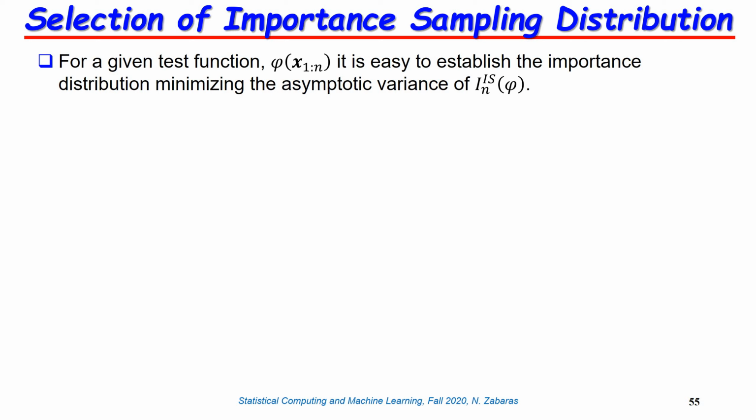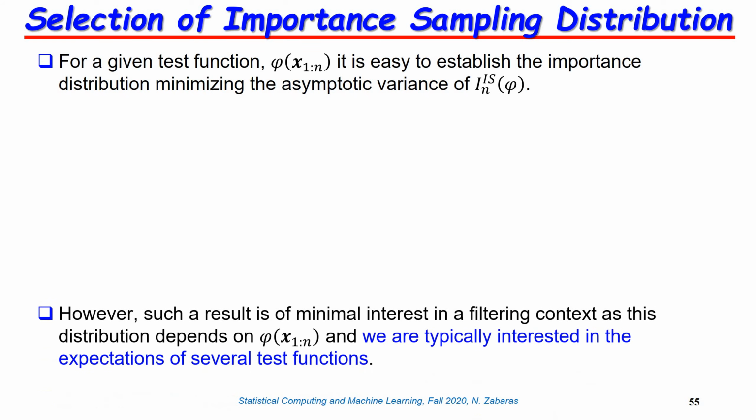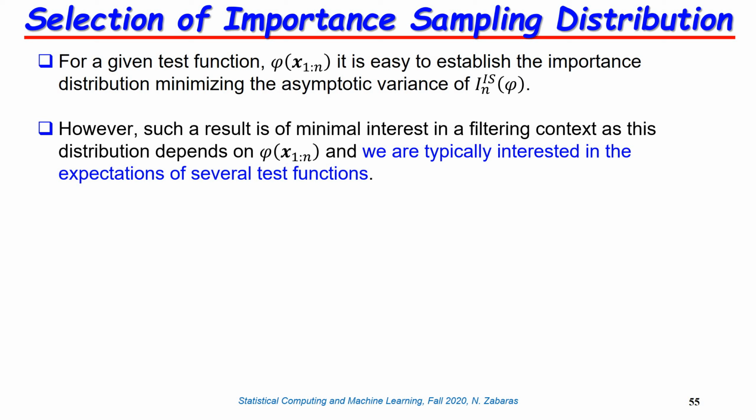The only thing I'm going to remind you here is that that optimal distribution turned out to be a function of the test function whose expectation you compute. So if I have this function f of x1 to xn, this optimal distribution at time n will be a function of phi of x1 to n, and this is not good, because you would like an optimal importance sampling distribution that you can use for multiple functions phi.